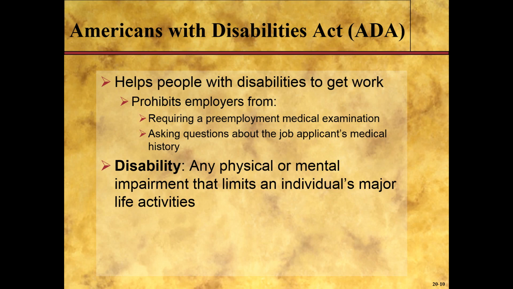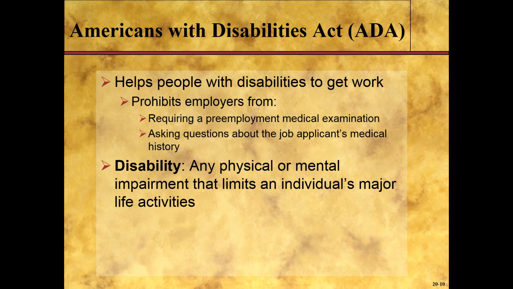Major life activities could be seeing, learning, hearing, walking, those types of things. Not included as protected disabilities are homosexuality, sexual behavior disorders, compulsive gambling, kleptomania, and disorders resulting from current drug or alcohol use, although a recovered or recovering drug or alcohol abuser is protected.